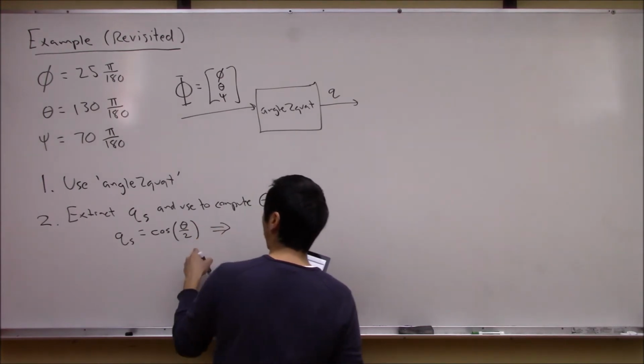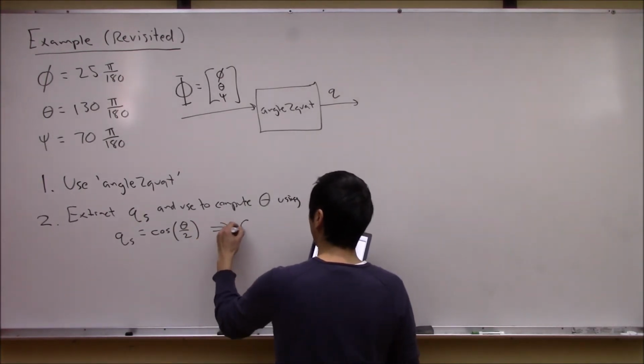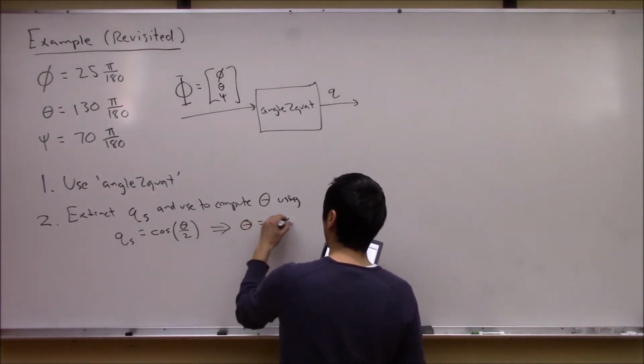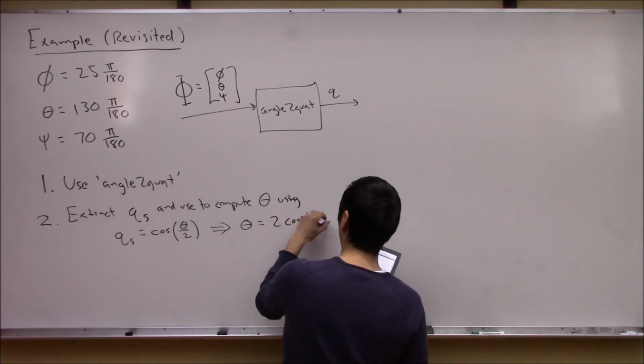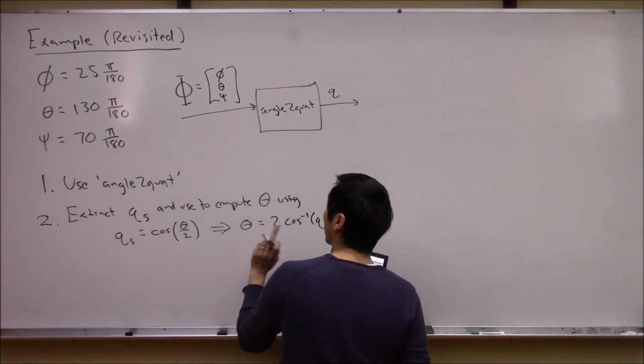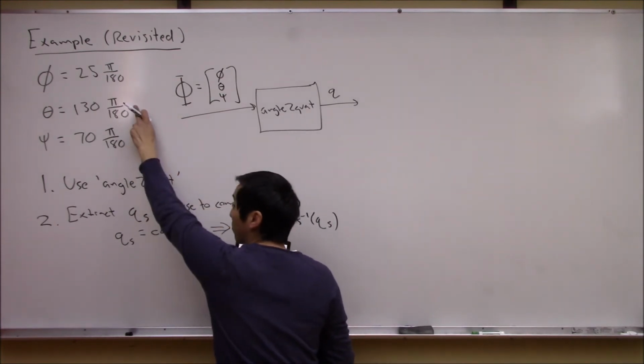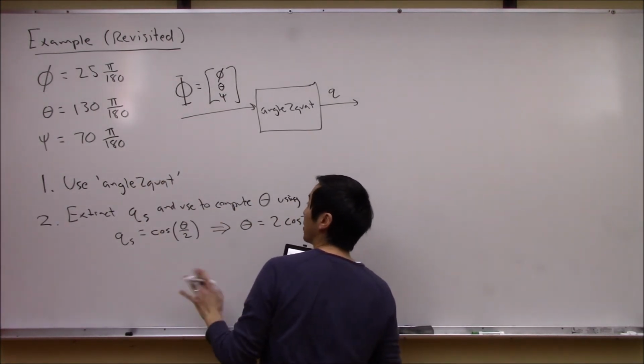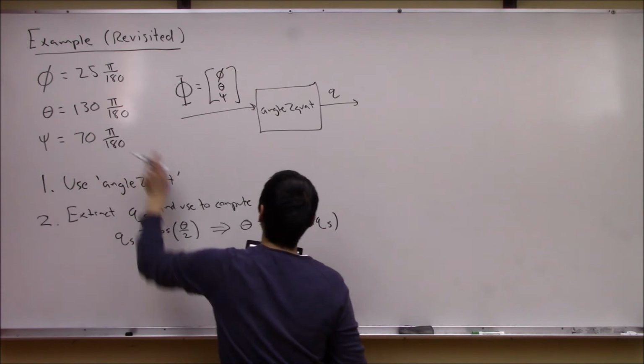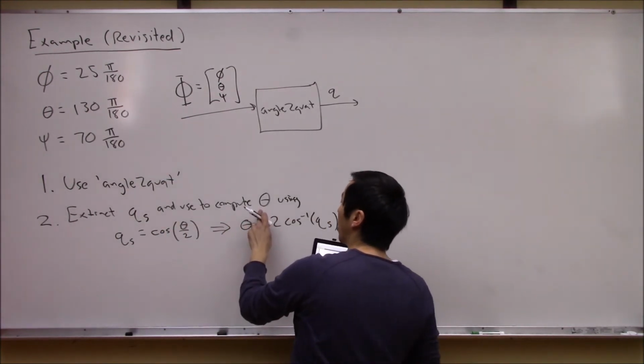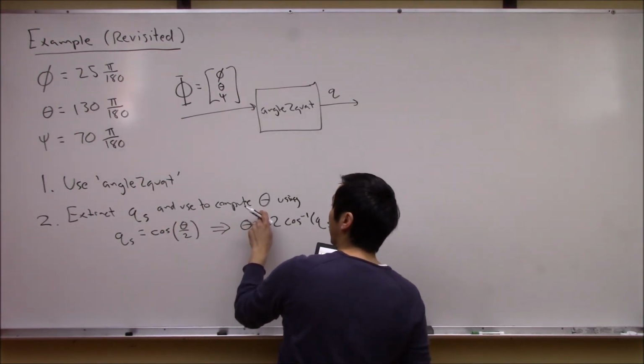So if you solve this for theta, don't you basically have theta is 2 times the inverse cosine of the scalar component of the quaternion? And again, keep in mind, this theta is not the same thing as the Euler pitch angle theta. Unfortunate naming collision, but this is the total translational/rotational angle about the axis of rotation.